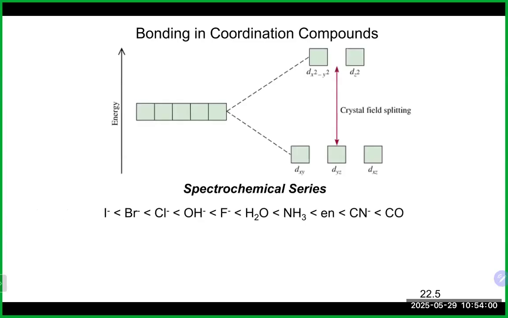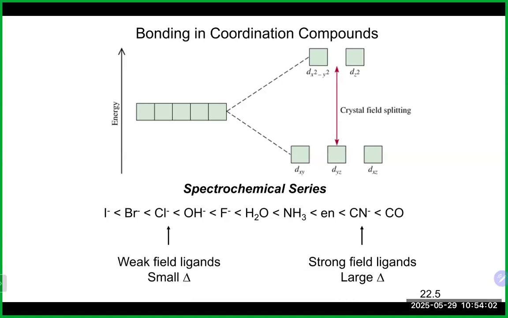So how do we know if we're going to get a big splitting or a smaller splitting? It has to do really with the ligands that are present. There are certain ligands on this side, which are referred to as weak field.